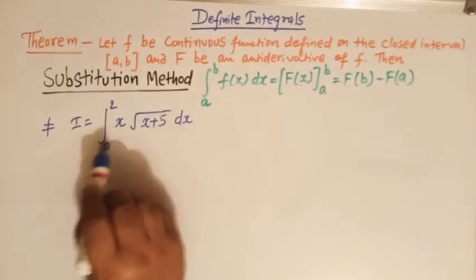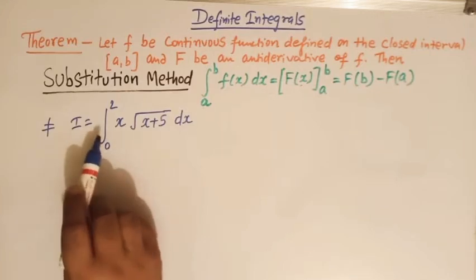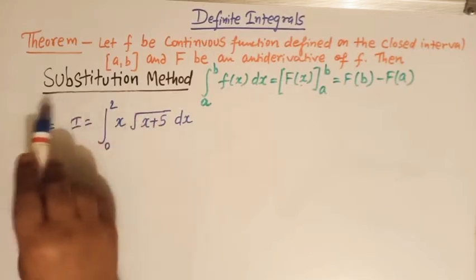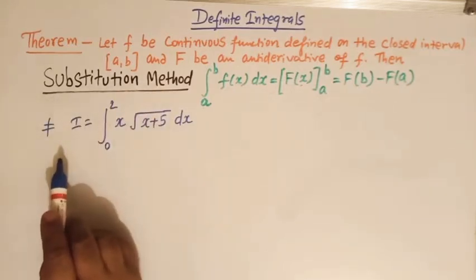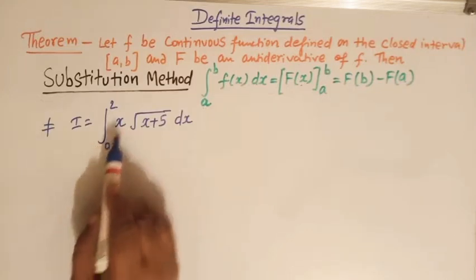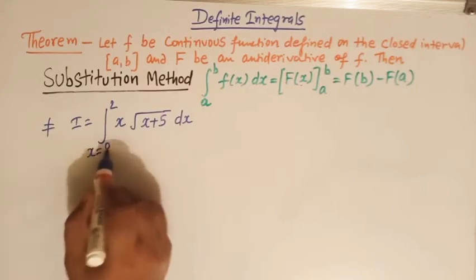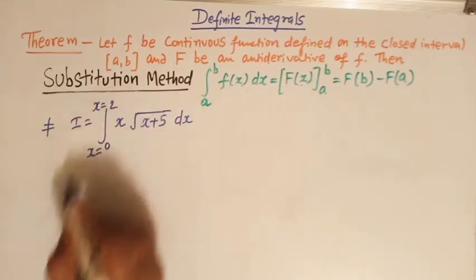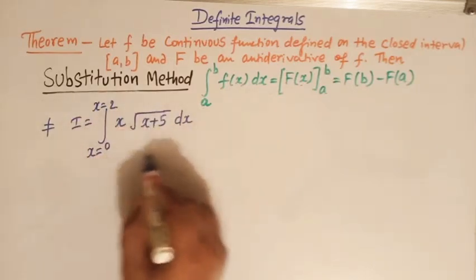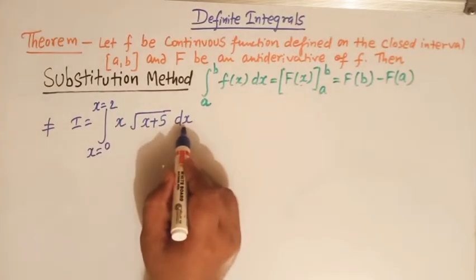Now viewers, let us find the value of this definite integral by using the substitution method and by changing the limits. Clear? Here we have the limits from x equal to 0 to x equal to 2 because this integral is given in the variable x.